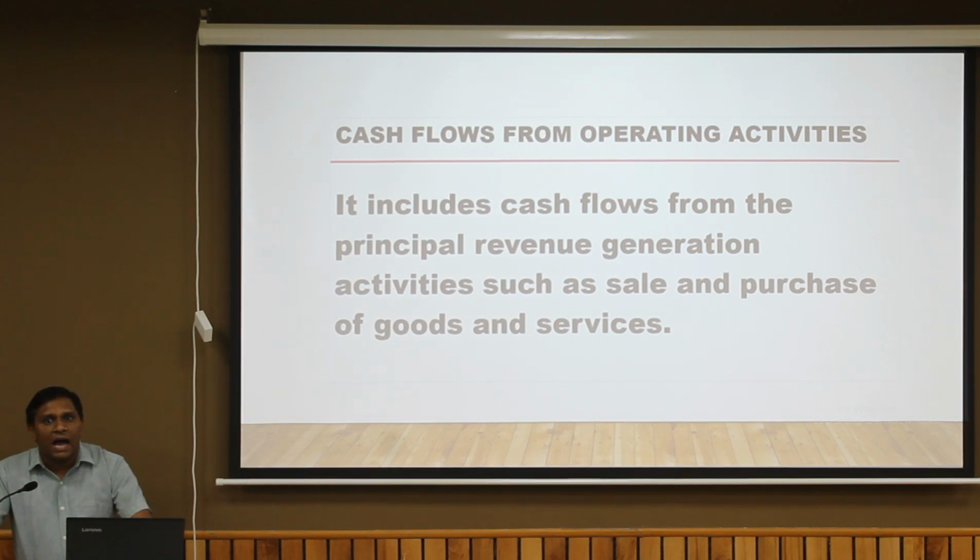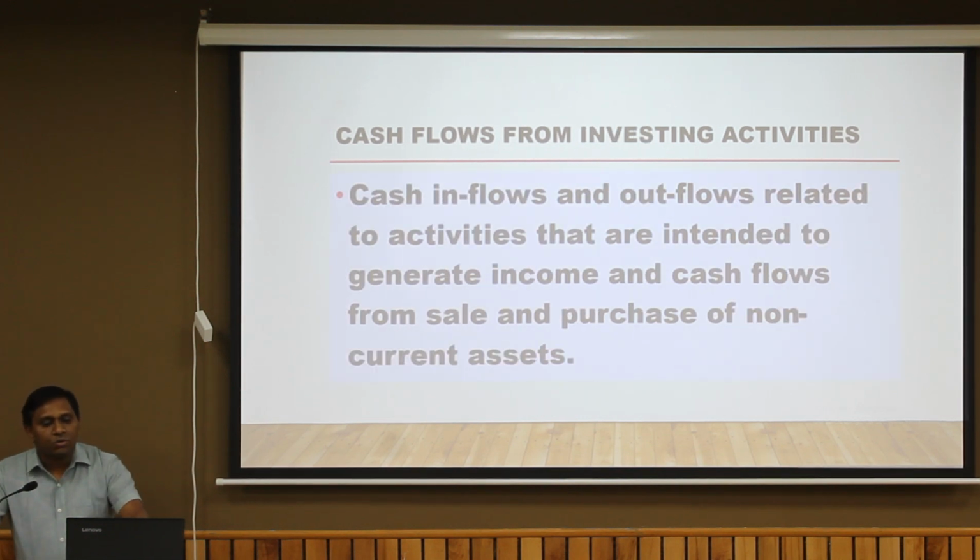When cash goes out, it is known as cash outflow from operating activities. See my dear students, similarly investing activities. Investing activities are related to acquiring the fixed assets, tangible fixed assets, and its disposal, means when you are selling those fixed assets. Then similarly, non-current investments, when purchased or sold, it is actually the investing activity.